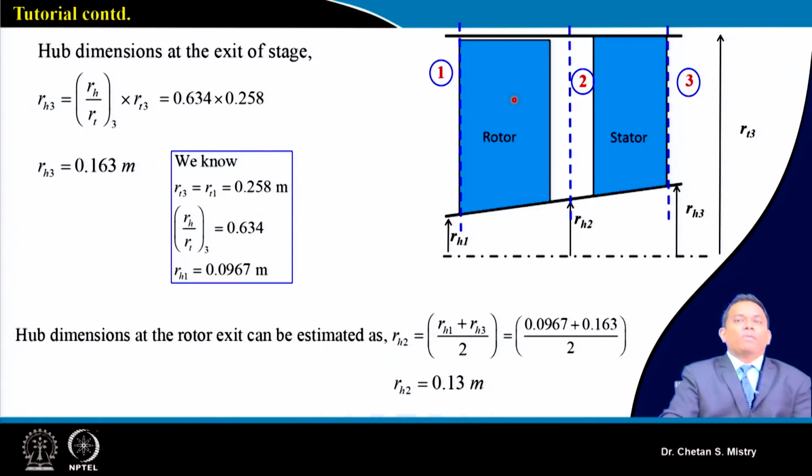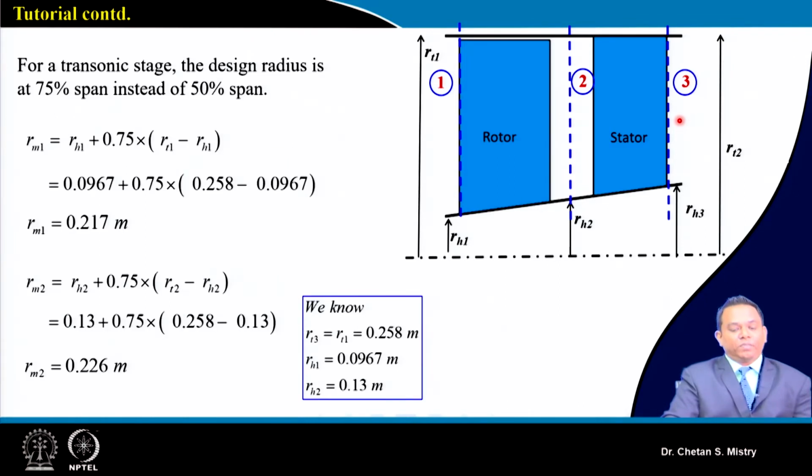So in order to simplify our whole design process, we are safely assuming at station 2 my hub diameter is the average. Okay, so now you can say we know what our radius is at entry, at the exit, and at station 3. Okay, that is my exit.